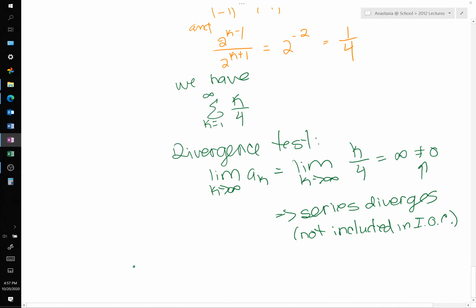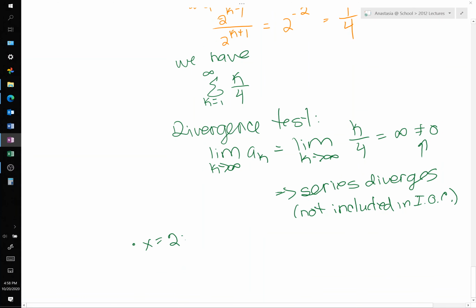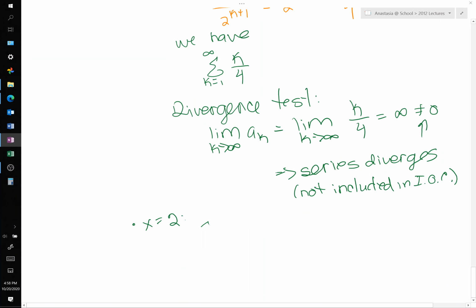The other endpoint, when x is equal to 2, we're going to do a similar process. When we plug it into our series, we'll have the sum from k equals 1 to infinity of -1 to the k plus 1 times k times 2 to the k minus 1 all over 2 to the k plus 1.